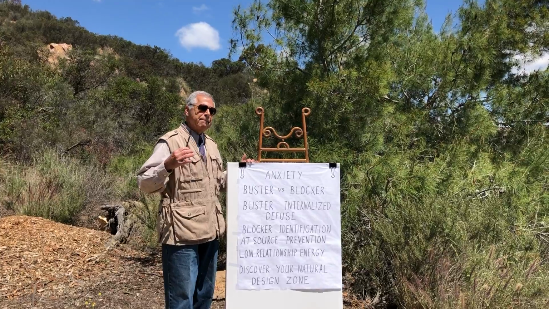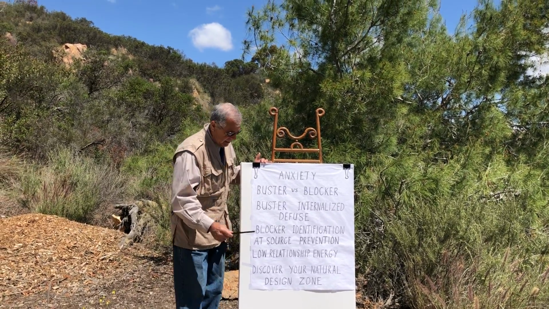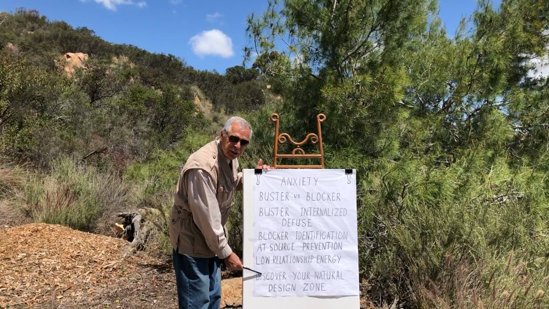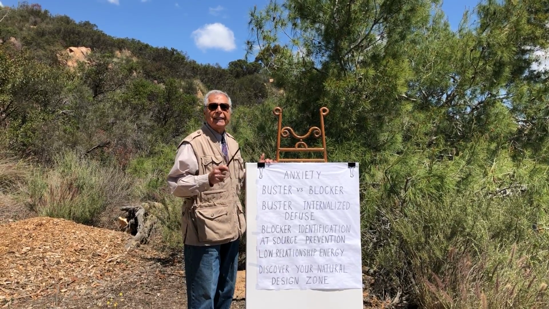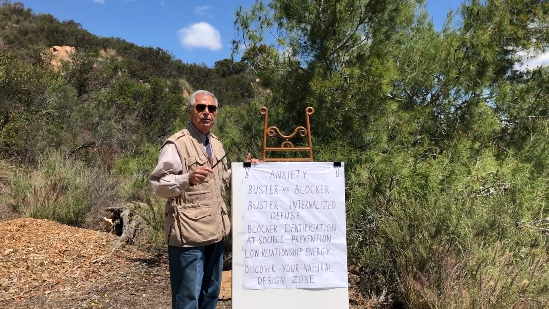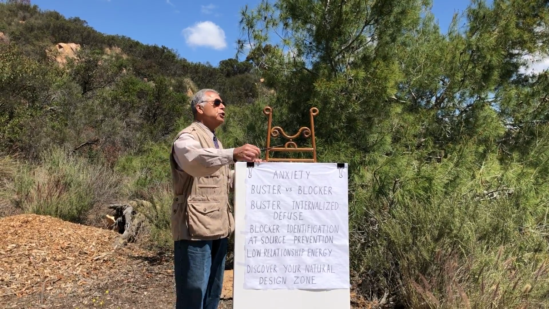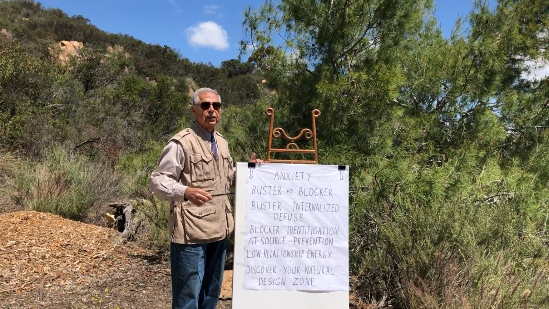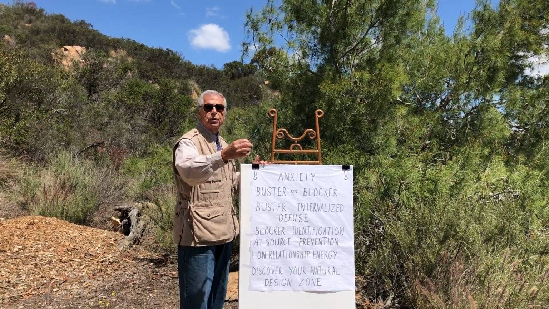And one of the major aspects that people don't understand is the fact that if you discover your natural design zone, you will actually identify 10 to 15 natural sources of anxiety. Sure, there's anxiety out in the world, whether it's political, whether it's economic, or it's relational.